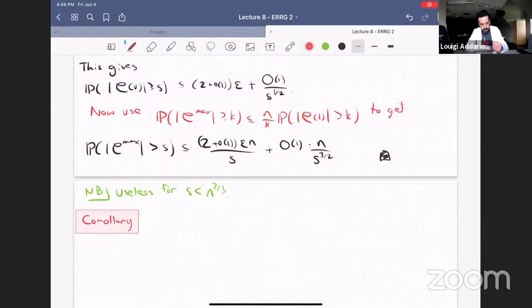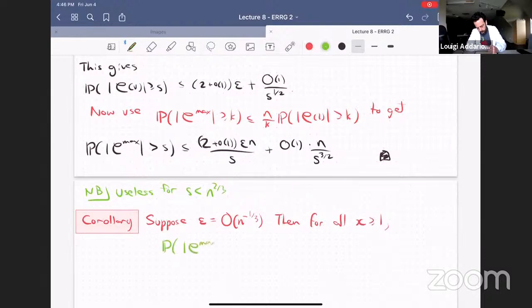let's look at the range where epsilon is order n to the minus a third, okay, then this gives that for any x at least 1, say, the probability that the largest component has size bigger than x n to the 2/3 is order 1 over x.